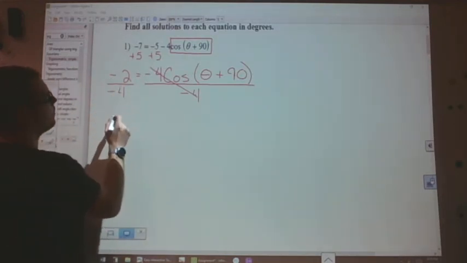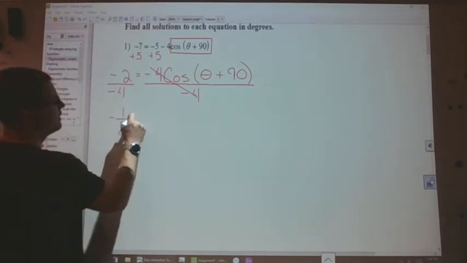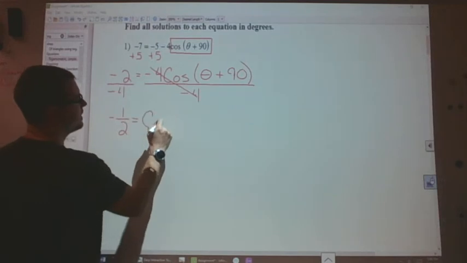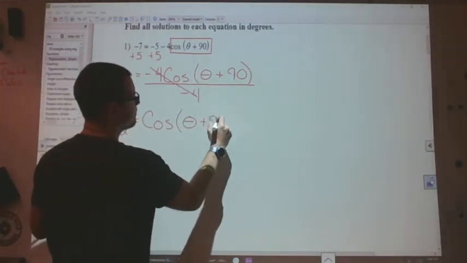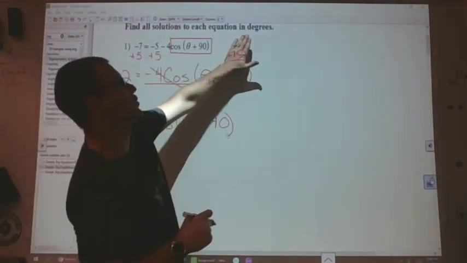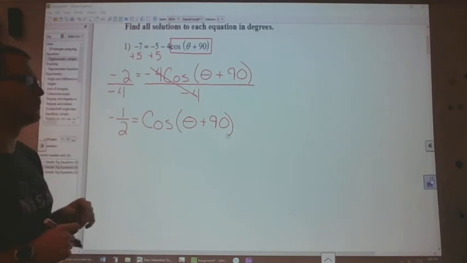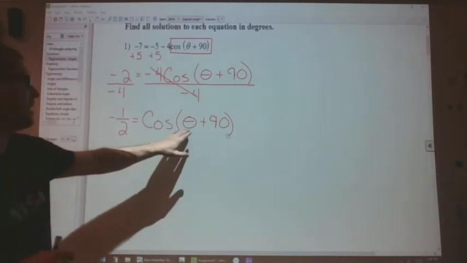So that now my left-hand side is -1/2 is equal to the cosine of theta plus 90. And it wants us to find all solutions in degrees, and that's where that 90 degrees comes from. So my calculator should be in degree mode. But -1/2 equals cosine theta plus 90.